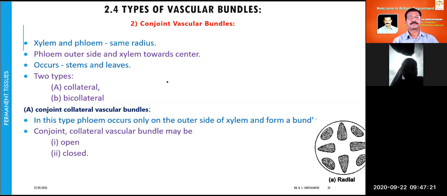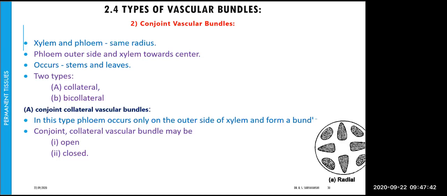Okay, so this type of vascular bundle is situated generally in the stem, and in this case both xylem as well as phloem occur on the same radius.